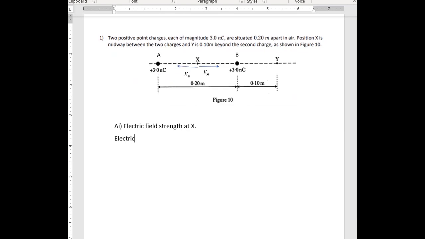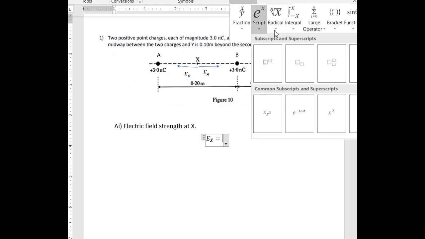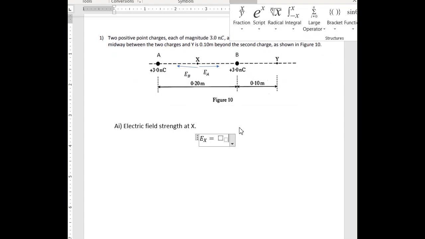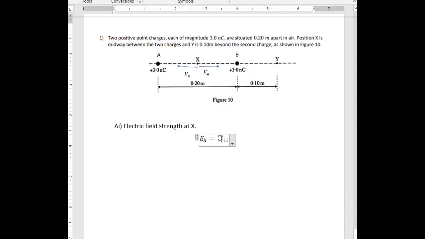The electric field strength at X is equal to the sum of electric field strength by A and the electric field strength by B. So to calculate electric field strength, we use this formula. We calculate electric field strength by A and by B.